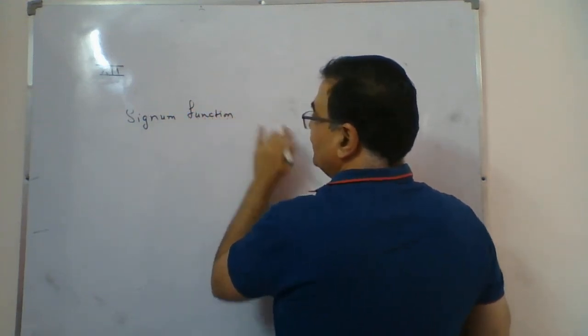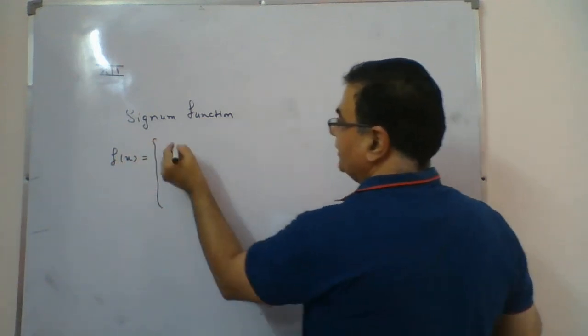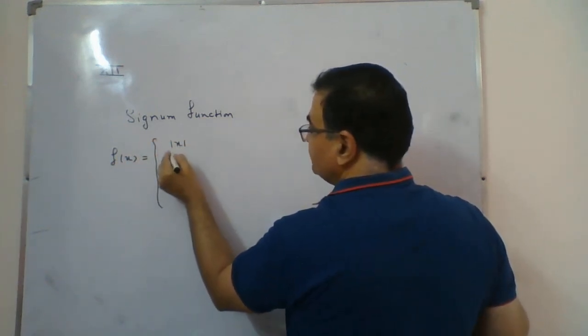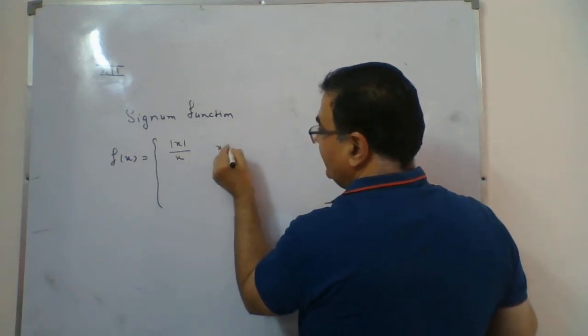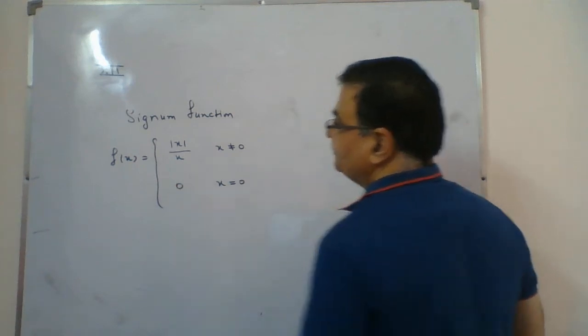Signum function is defined this way: modulus x by x when x is not 0, and at x equal to 0 your answer is 0.